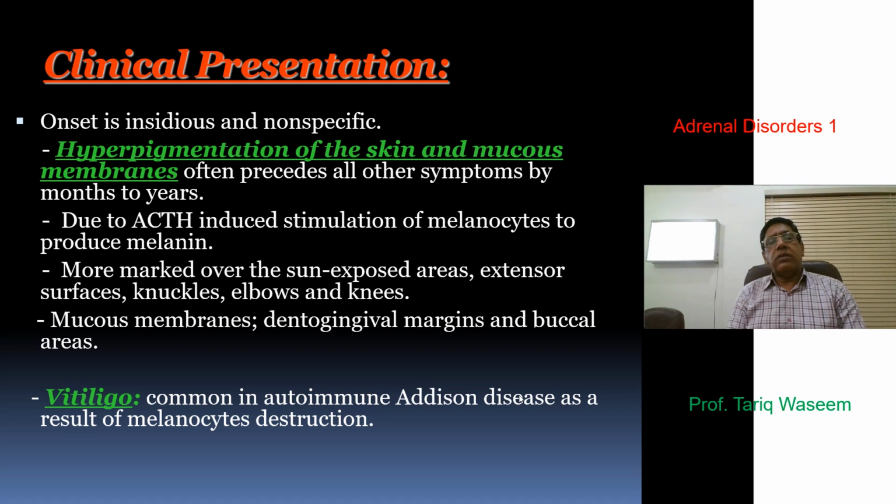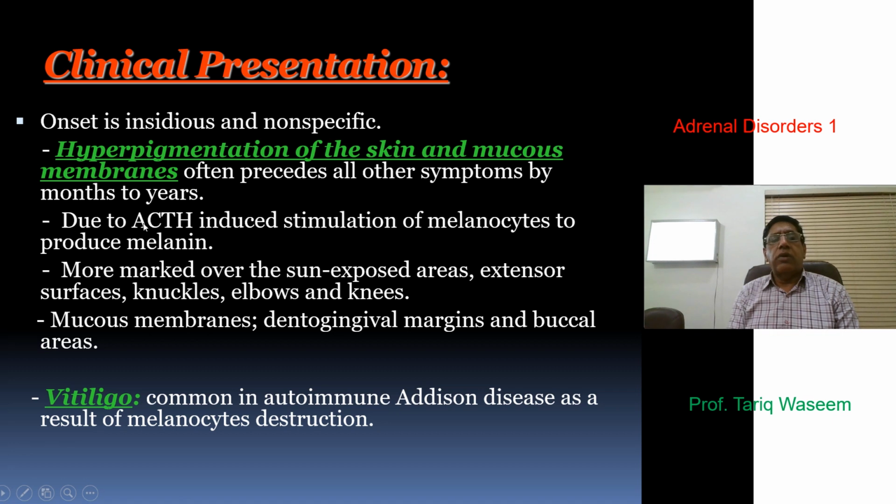Most of these patients have a very insidious onset and non-specific complaints. Hyperpigmentation of the skin and mucous membrane is the most prominent feature. They complain of darkening of their skin complexion, and this symptom alone may precede by many months the other symptoms setting in.